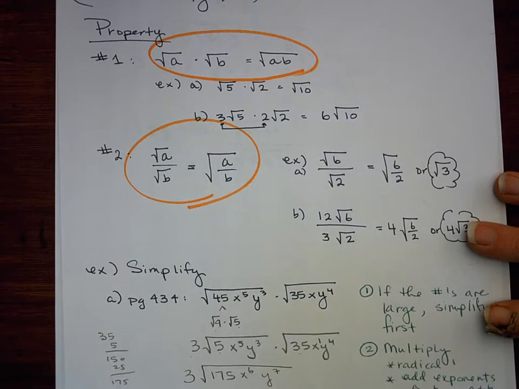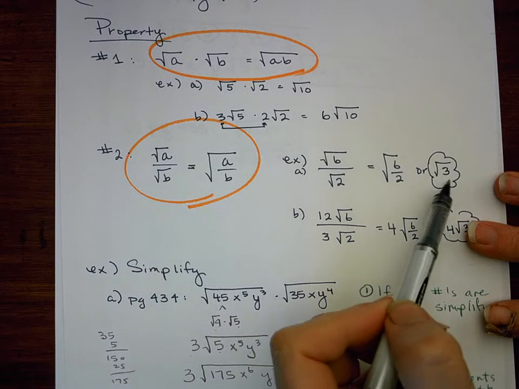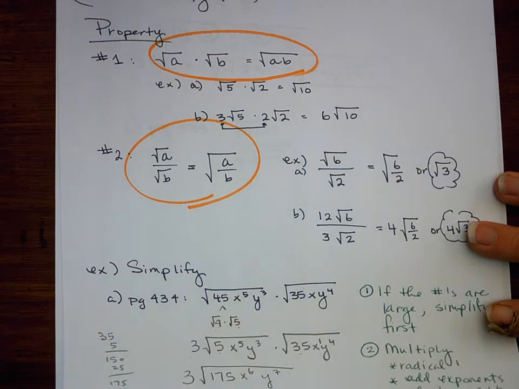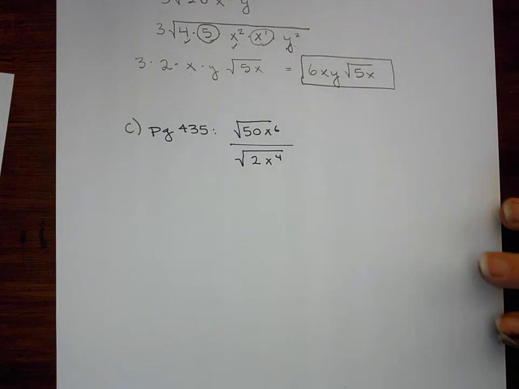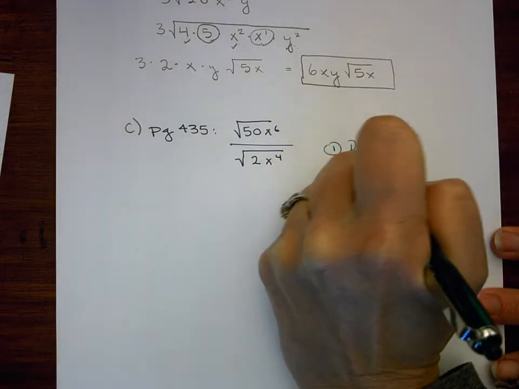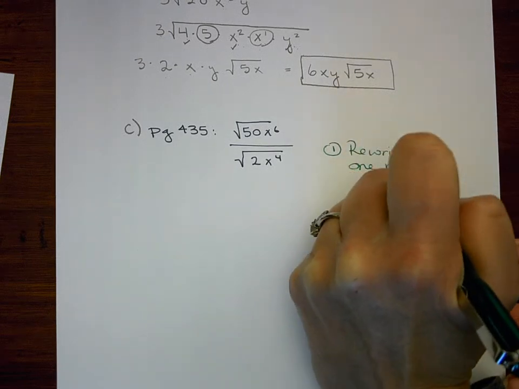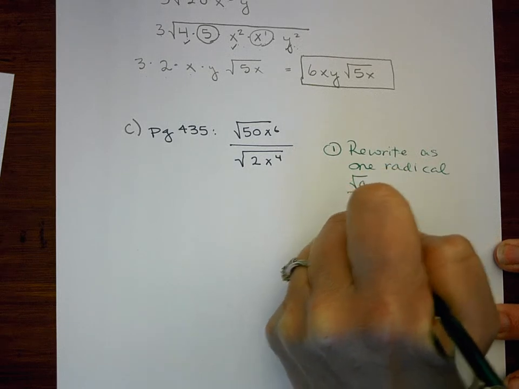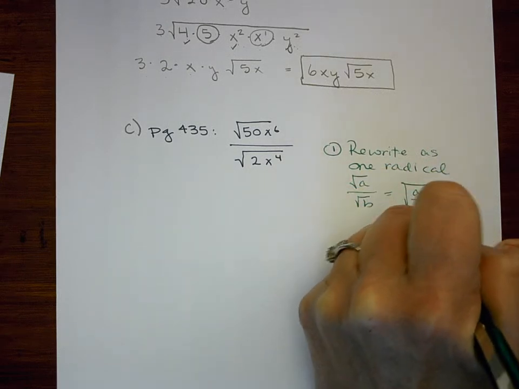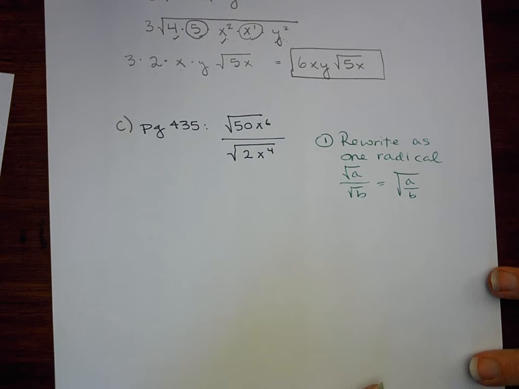We're going to use property number 2, where we rewrite it as one fraction, and then once we do that, we can reduce it. Okay, so our first step is we're going to rewrite it as one radical. So if we have 2, we can rewrite it as 1. And that allows us to have just a fraction where we could just do normal reducing, okay? And so that's our first step. We're going to rewrite it as one radical.